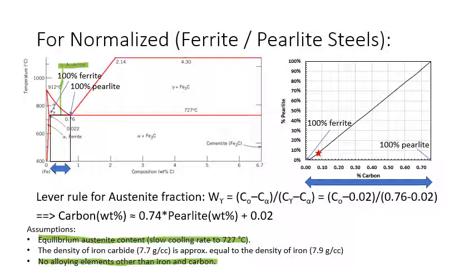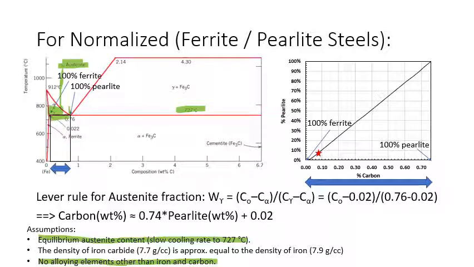So making those assumptions, if we cool from austenite, we know that just above 727 degrees C, the transition temperature, we can determine how much austenite and how much ferrite we will have based on the lever rule. The lever rule says that the fraction to the left represents the amount of austenite divided by the whole.